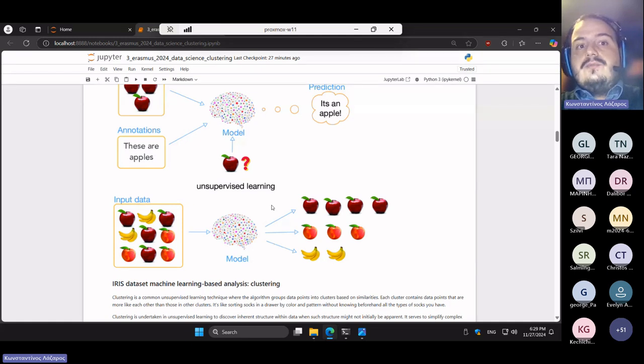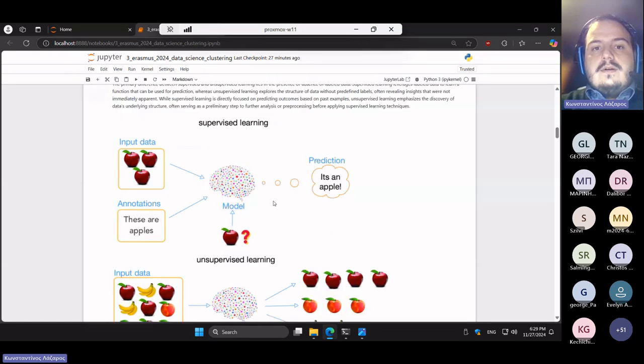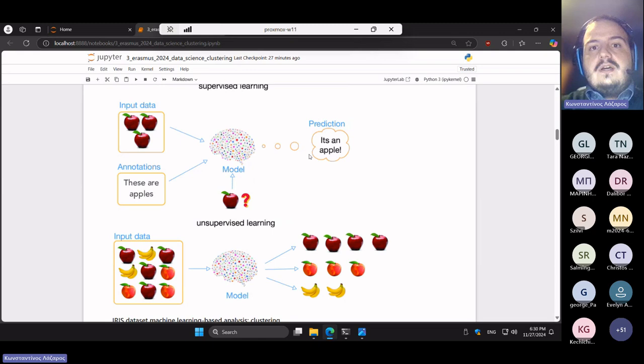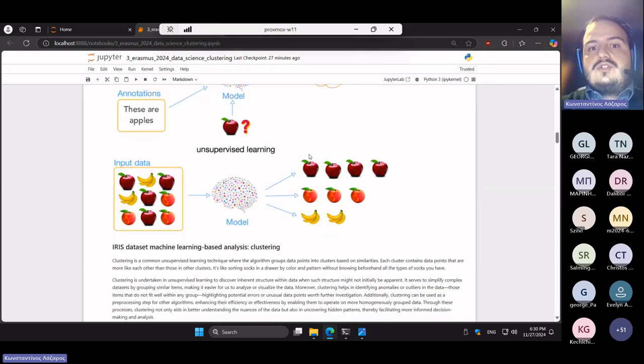Now, are these the only two types of machine learning models, the only two disciplines of machine learning? The answer is no. There is also a third one: reinforcement learning, which we're not going to occupy ourselves with. But just to put it into context, reinforcement learning is very prevalent in robotics and things like self-driving cars.